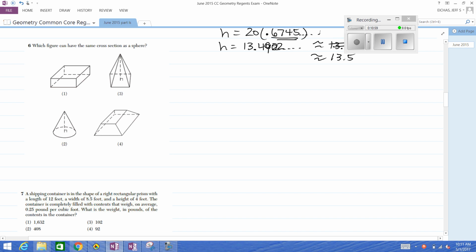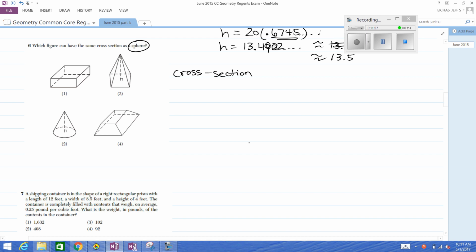All right, number 6, cross section. This is in our volume and surface area topic, so it'll be chapter 9 from our course. The sphere cross section. Basically what we're looking to do is slice through a sphere, a basketball, tennis ball, whatever.